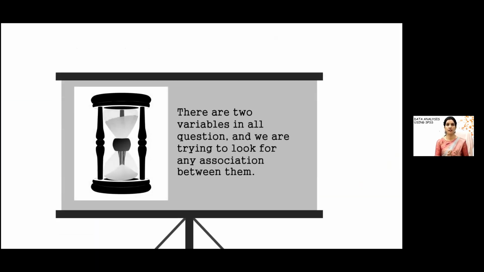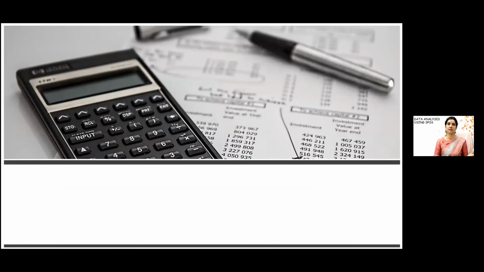So in all these research questions, what you have found is that there are two or more categorical variables, and we are trying to find the association between them. So what could be the appropriate statistical test?